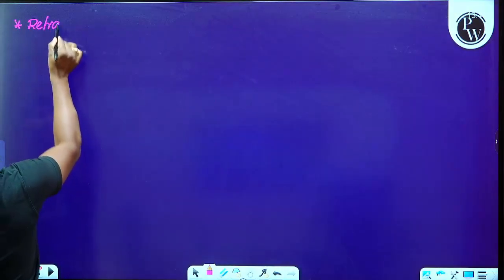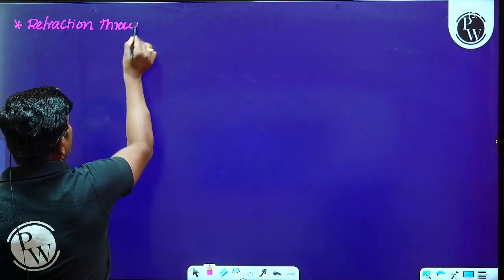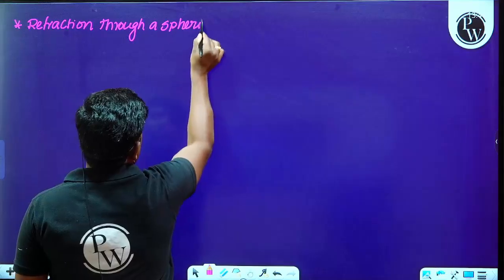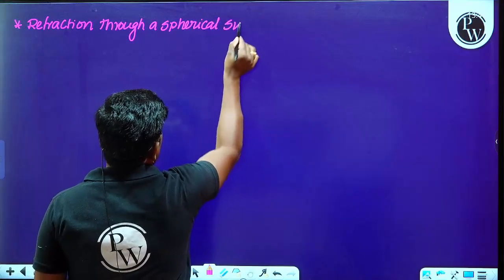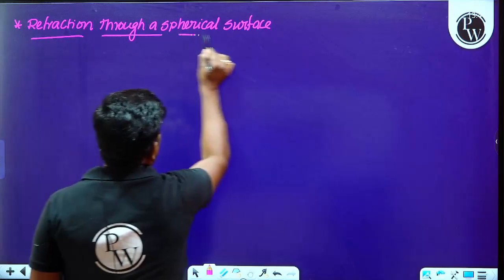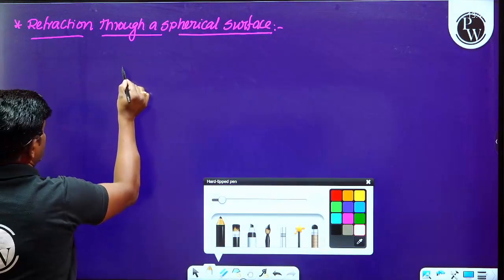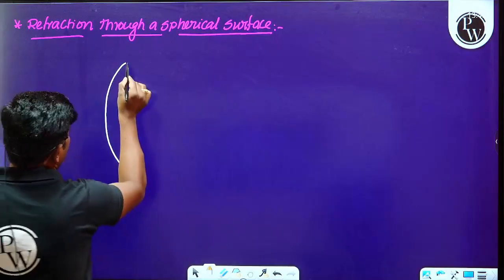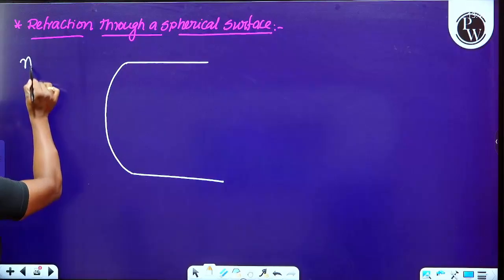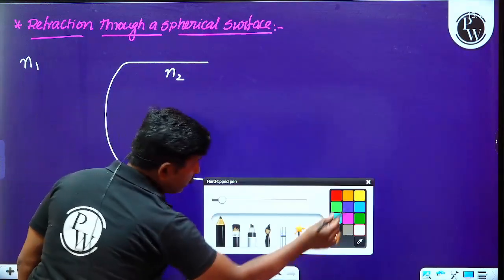Now let us move on to the next concept, that is refraction through a spherical surface. Here we have to learn about the refraction formula. So let us consider a spherical surface which separates two media, having refractive index n1 and refractive index n2.